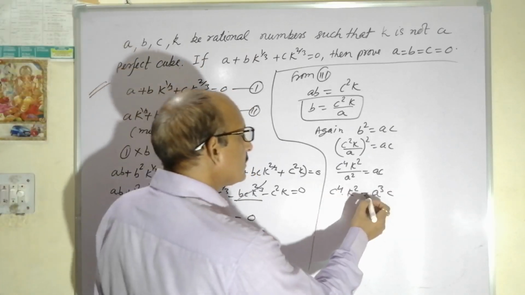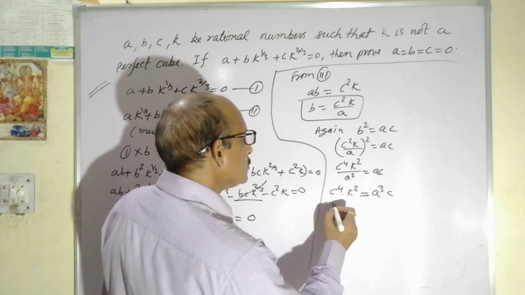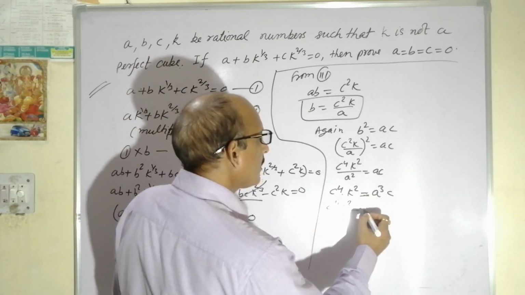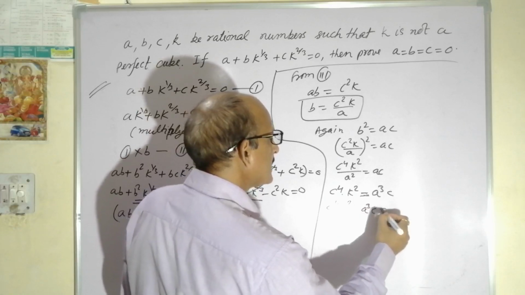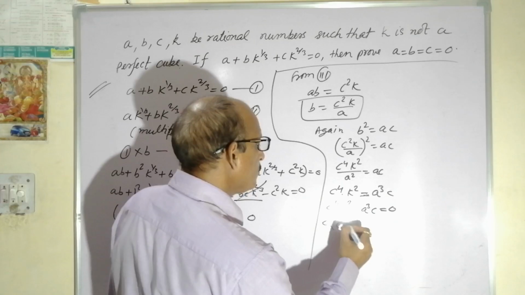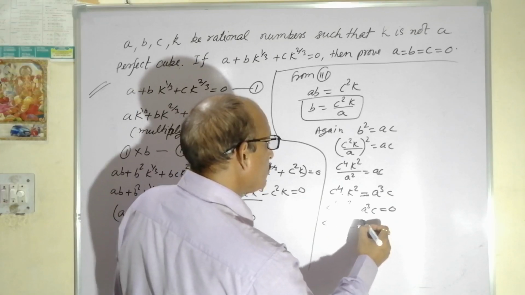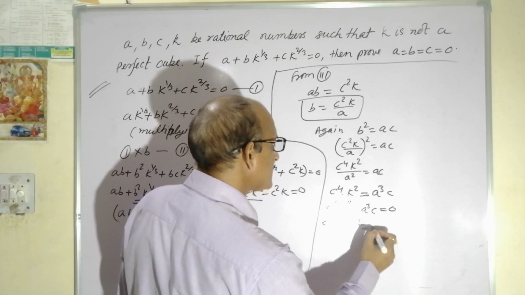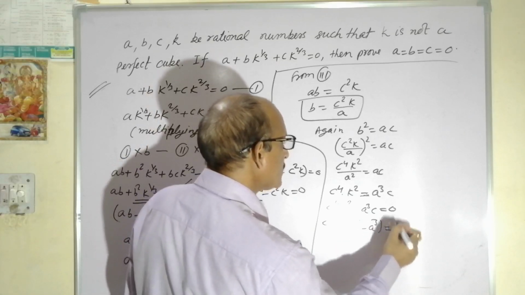Now we'll take both of them on the same side. So we'll get c^4 k^2 minus a^3 c equal to 0. Taking c out of it, we'll get c(c^3 k^2 minus a^3) equal to 0.